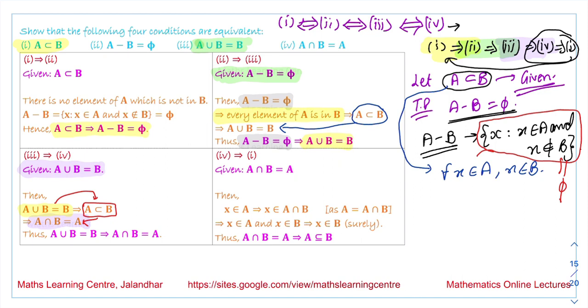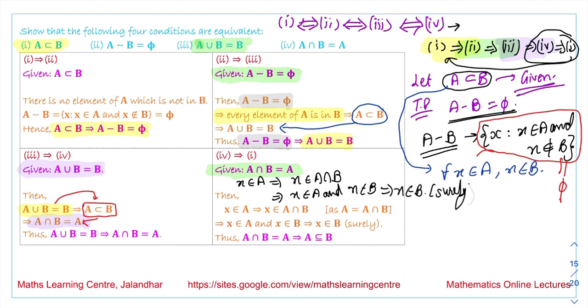Similarly, when we prove the last part, 4 implies 1, what is given to us is that A intersection B is equal to A. This means that if we consider X belongs to A, then X belongs to A intersection B, which means X belongs to A and X belongs to B, and this implies X belongs to B. This is true.